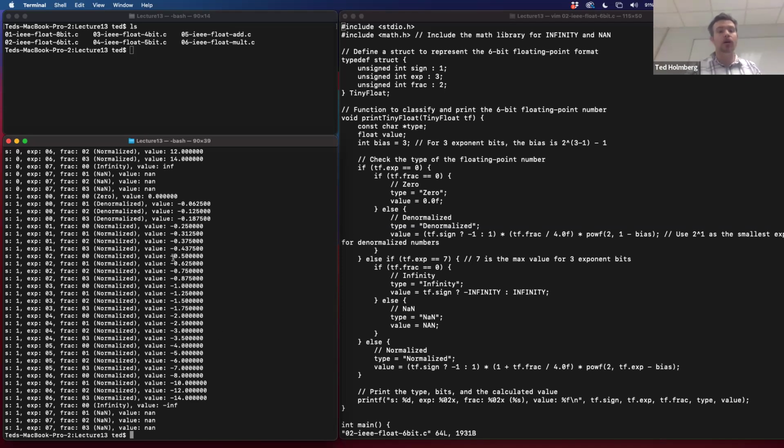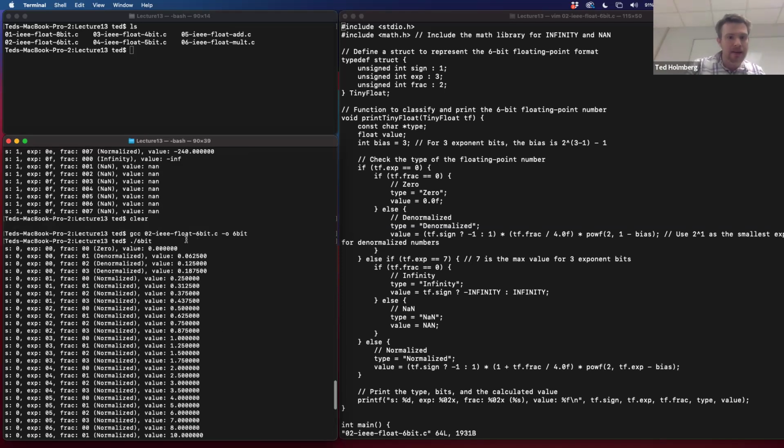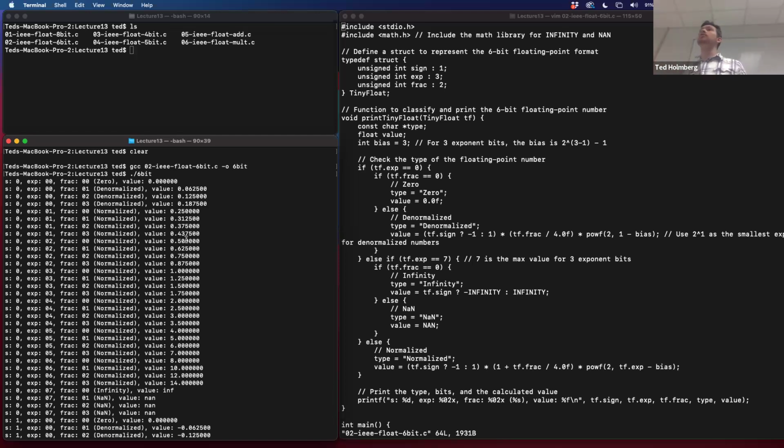Now you can see the exhaustive list we have is much smaller than what we had before. You can see that our denormalized numbers are further away from 0 than we had before. We don't have as many binary sequences on just 2 bits to get a lot of denormalized values, because remember, that fractional space represents how many denormalized values I can have.